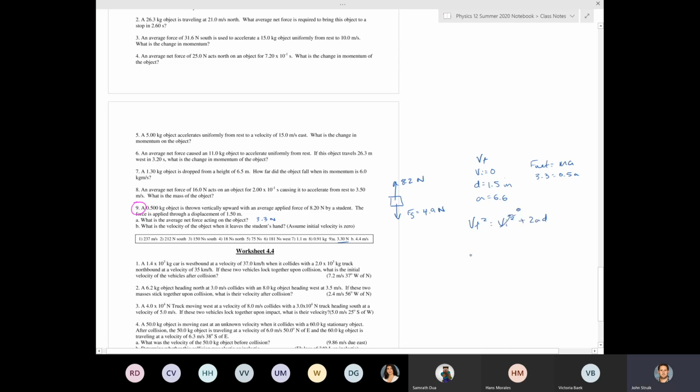This is 0, so vf equals the square root of 2 times 6.6 times 1.5. Square root that, and we get 4.4 meters per second. Whew, okay.